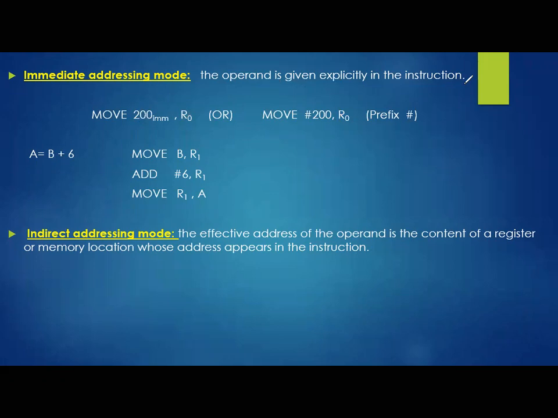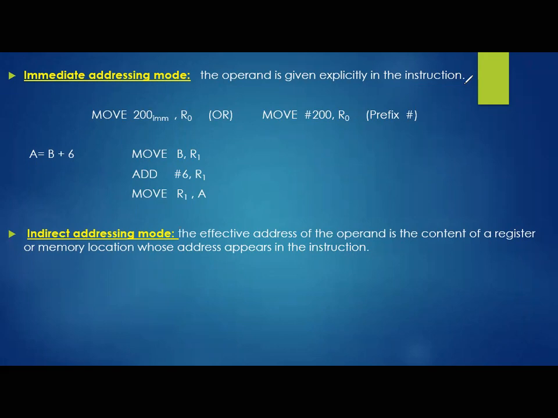Instead of specifying the address 100, or the label of that address as capital A in my instruction, the original value 4 will be specified in your instruction. If that is the case, we call it immediate addressing mode.